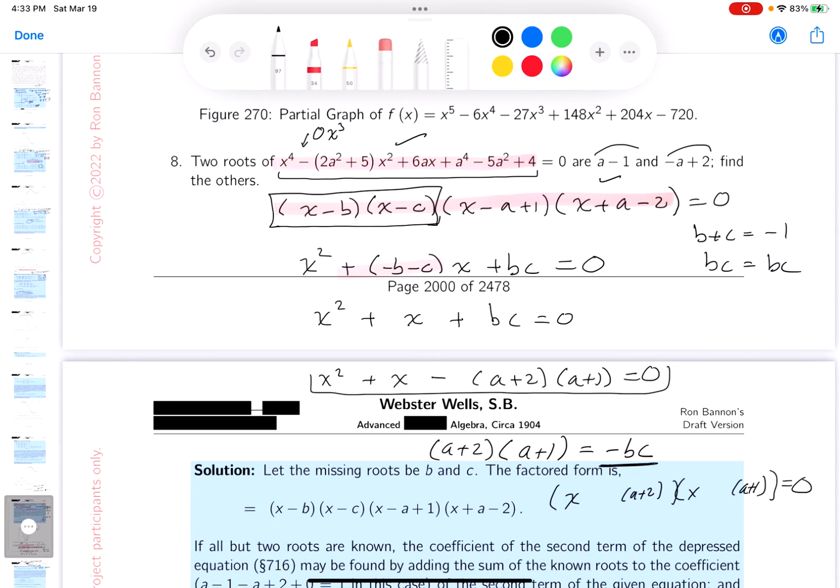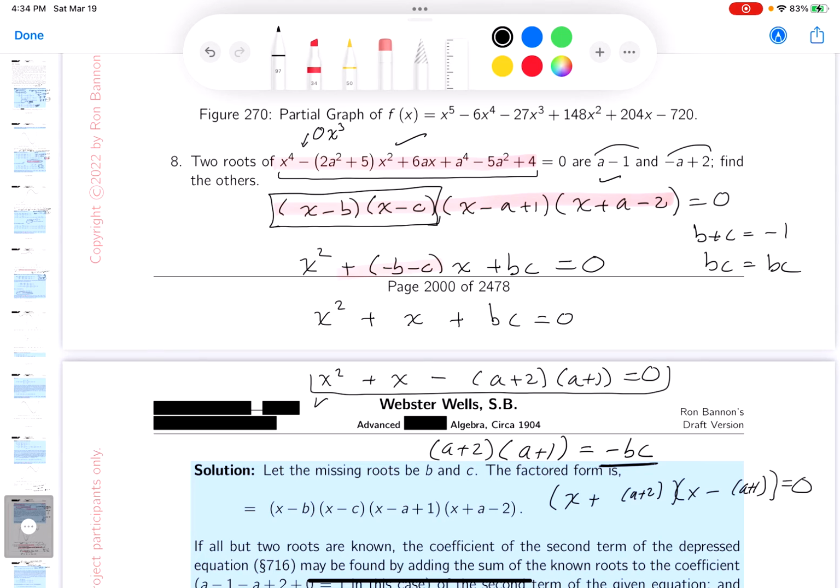Now we have to get the signs of the middle term, by the way, right? So let's take a look at this over here. You get x squared. Do you get x, though? Let's see, minus a plus 1 plus a plus 2. Yep. And do you get the last? Yeah, you do. So I got it completely factored now. And I'm going to write that down for you now.